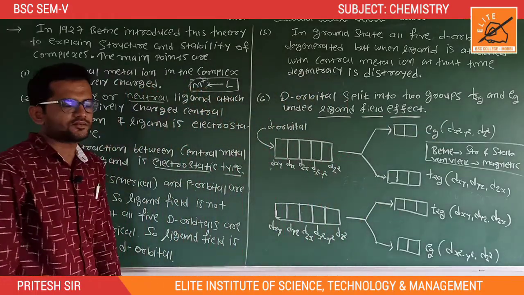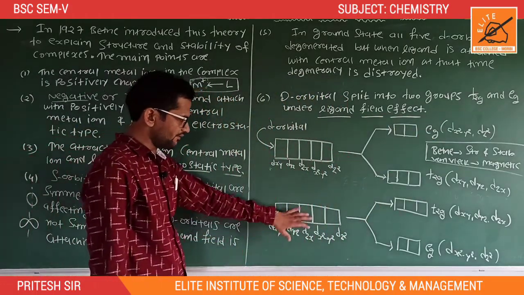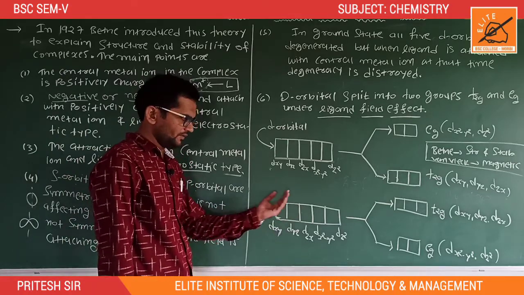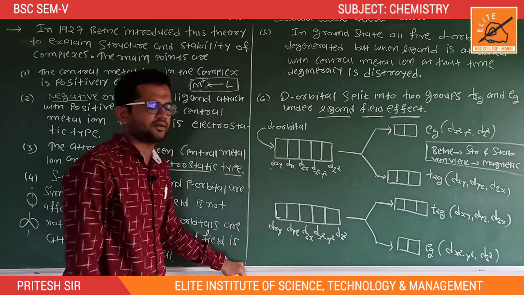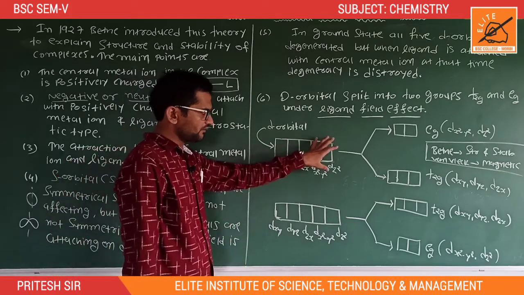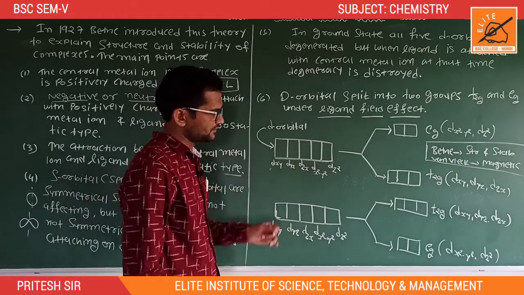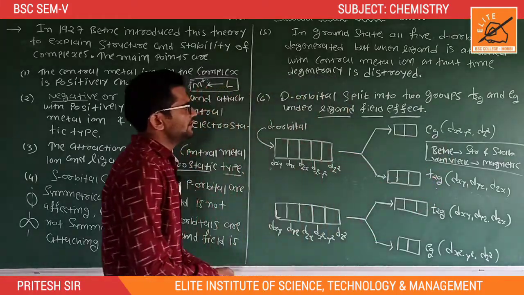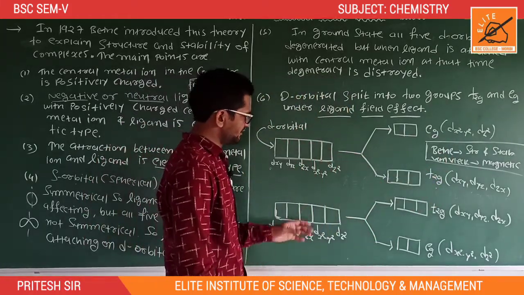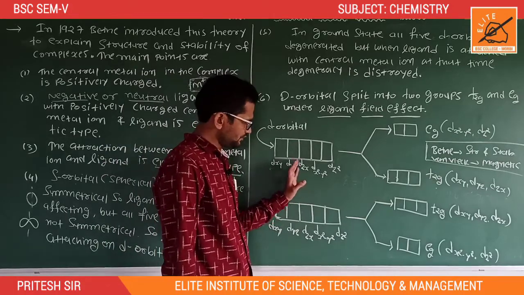In ground state all the d orbitals have equal energy, but when a ligand is attached with the metal ion, degeneracy is destroyed and the d orbital further splits into two terms. First one is t2g and second one is eg. So here we can see that the d orbital is further split into two terms.